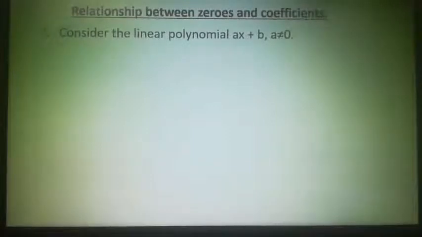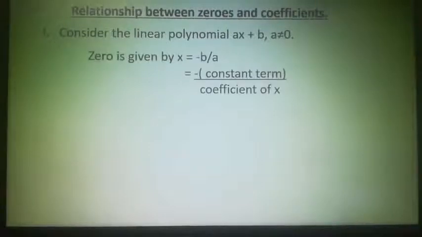The standard form is ax plus b, a not equal to 0. Here the zero of this polynomial is given by x is equal to negative b by a, that is negative of the constant term of the polynomial divided by the coefficient of x, and there is only one zero for a linear polynomial, so there is no other relation, only the value of the zero is given to me.